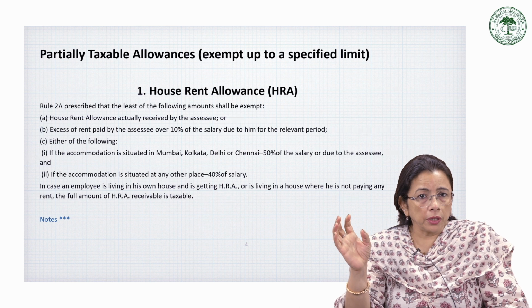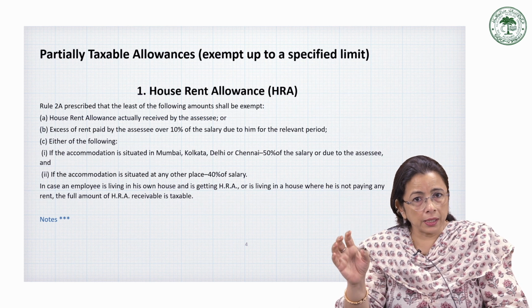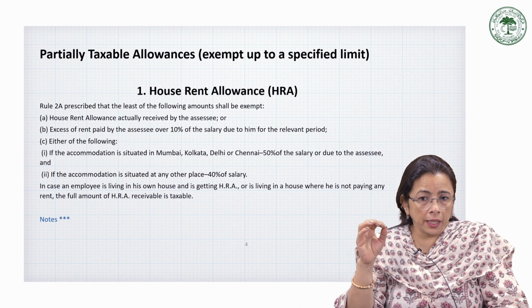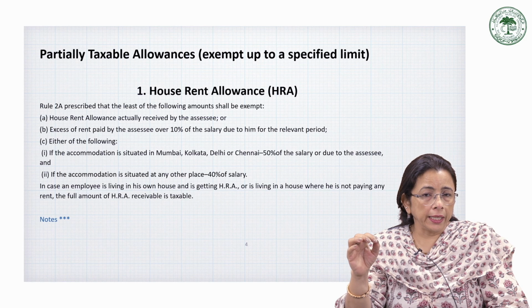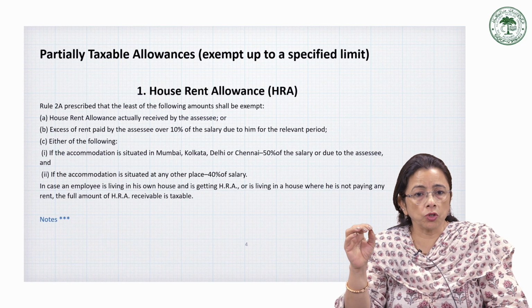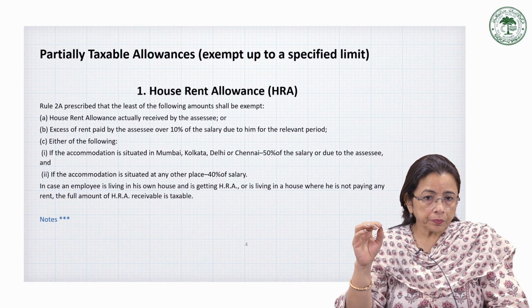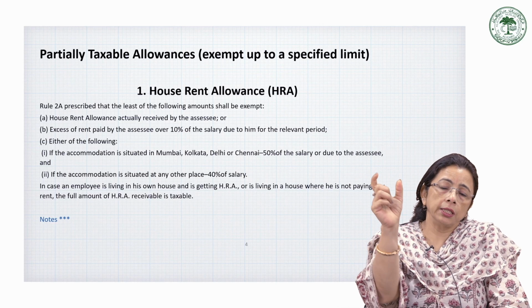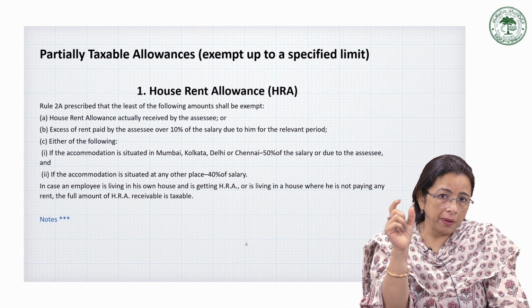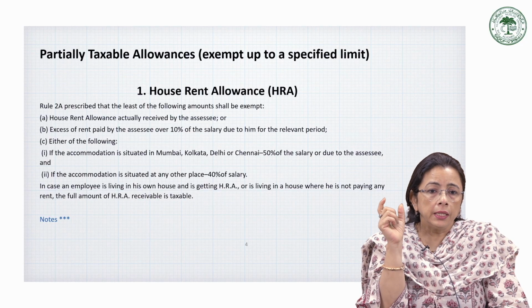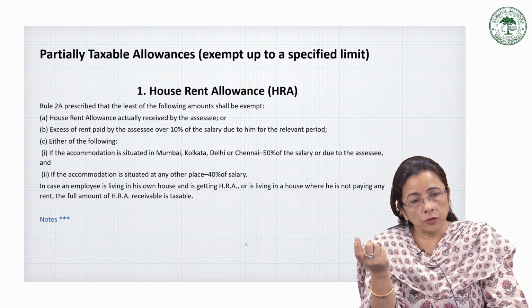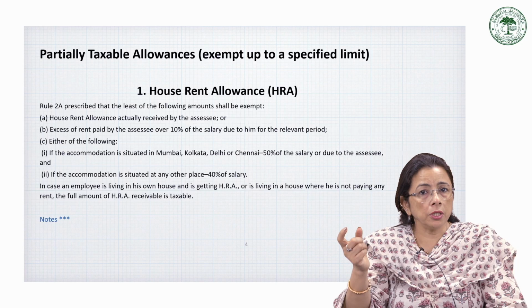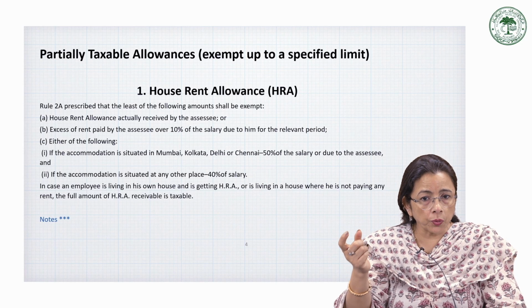Apart from the metropolitan cities, if the residence is anywhere else, the amount to be taken into consideration is 40% of the salary. Now these are the three things: actual HRA received, rent paid minus 10% of the salary, and 50% or 40% of the salary depending upon where the accommodation is situated.